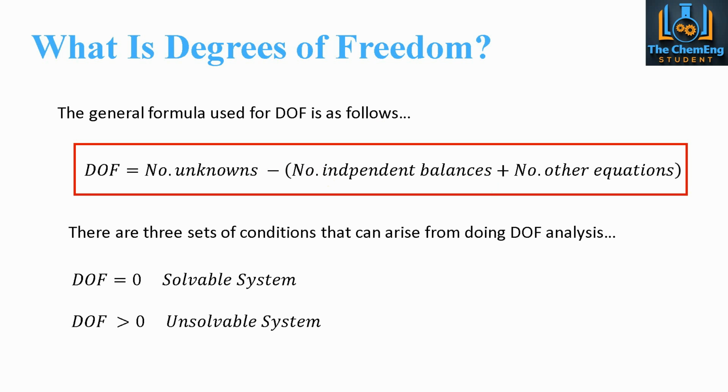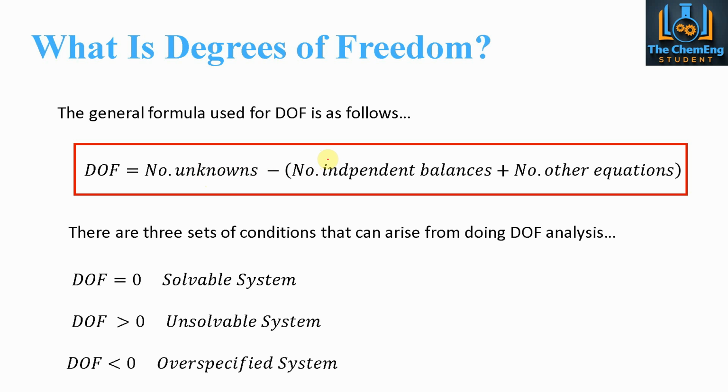If the degree of freedom is greater than 0, then we have an unsolvable system, because if we look at this equation, we don't have enough information: the number of unknowns isn't equal to the number of known data points, variables and equations. So therefore we have an unsolvable system.